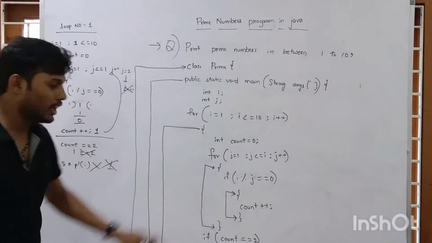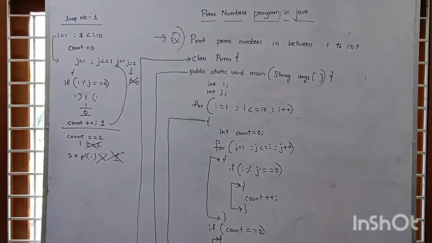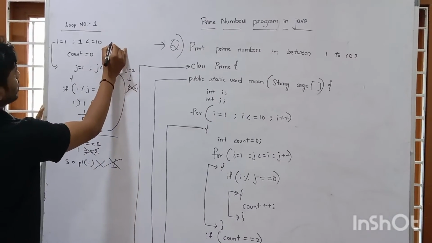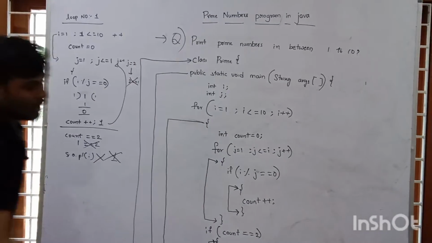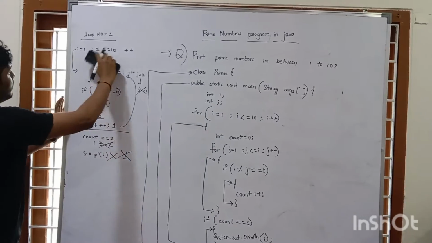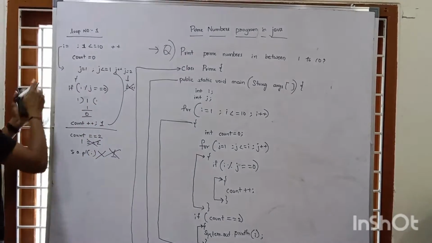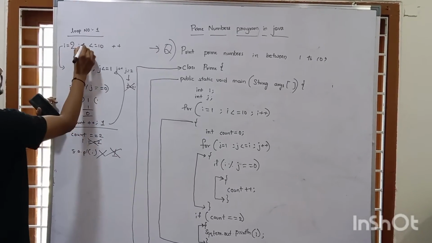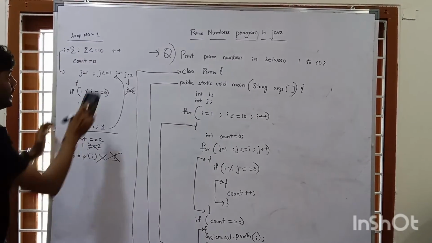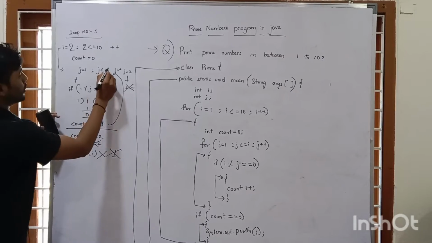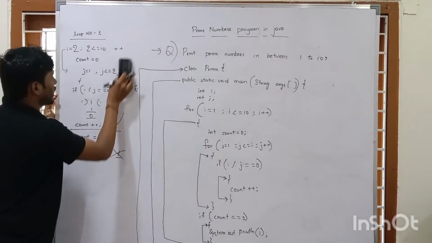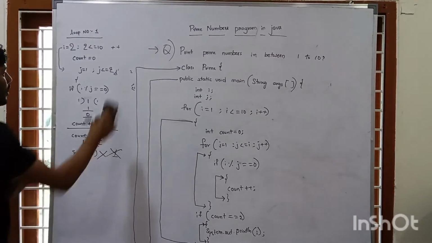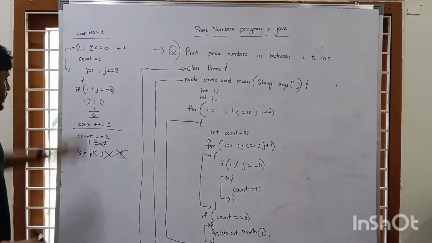So in the same way we can follow loop number 2. In loop number 1 we are adding that plus plus, so i value became 2. i value became 2, and then 2 is less than or equal to 10, and here j is less than or equal to 2. Now let us see the same problem.